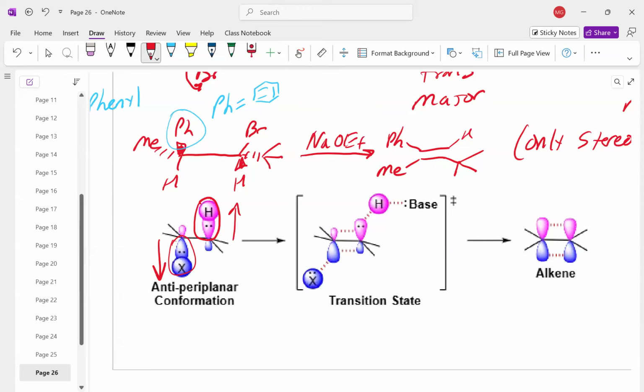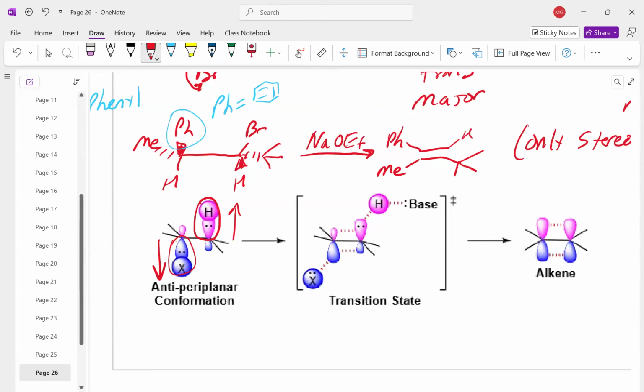The reason for that is those two sp3 orbitals are in perfect alignment to form overlapping p orbitals during the process of the reaction. That's the optimum position for a very quick E2 reaction. And so if the hydrogen that you're trying to pull off is not anti-periplanar to the leaving group, that's a very, very slow, to almost doesn't happen at all, E2 reaction.